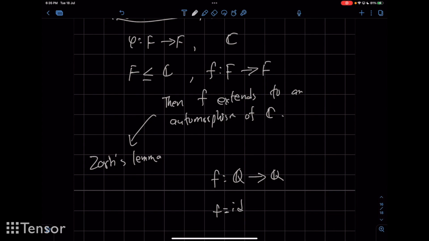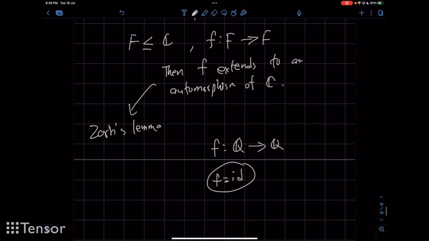Therefore, and the rational numbers are quotients of integers. So any automorphism of Q is the identity, but it has multiple extensions into C.